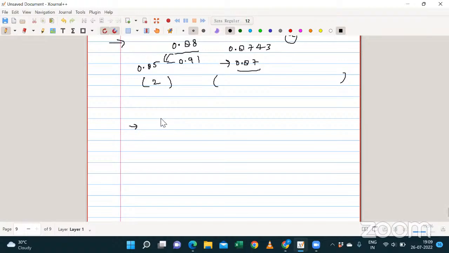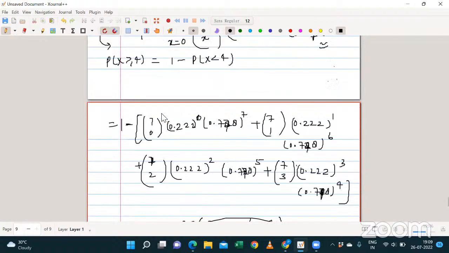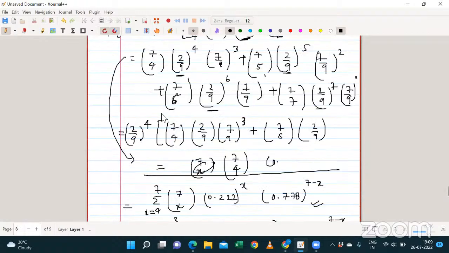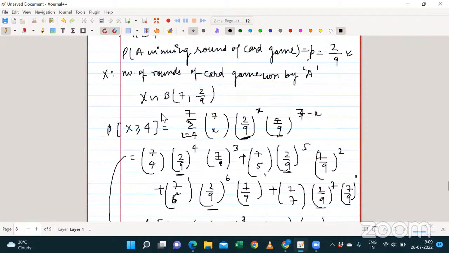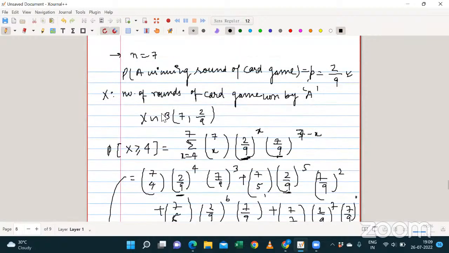Yes, actually in this formula we have nCx p to the power x and q to the power n minus x. Suppose in that formula we have the number as 8 or 9 instead of 7. Not in this question, sir.